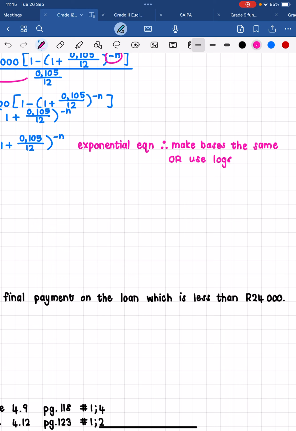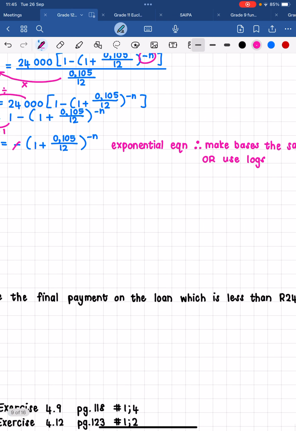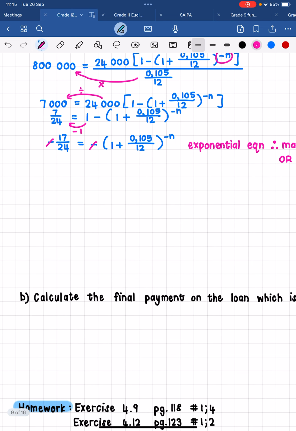Now guys, using logs will always work. Making the bases the same will not always work, right? Because you can't actually always get your bases to the same thing. Because if we're looking at this equation here, I need to write this as 1 plus 0,105 over 12 to the power of something, which is very difficult to do. Okay, so in this case, I'm not going to make my bases the same. I'm not going to try to do that. I'm just going to work with logs straight away.